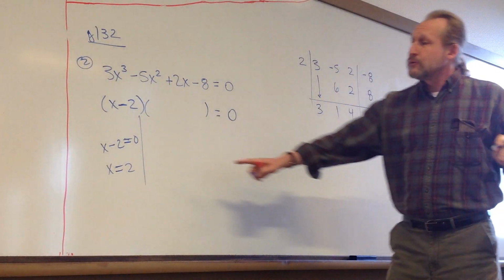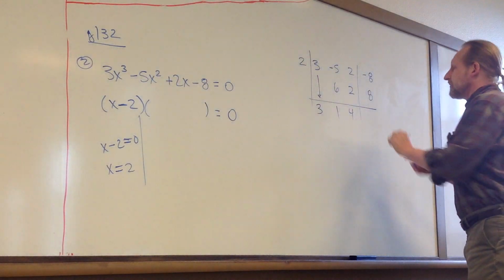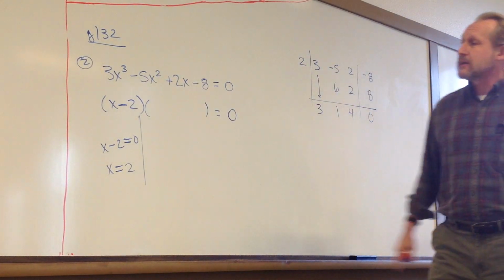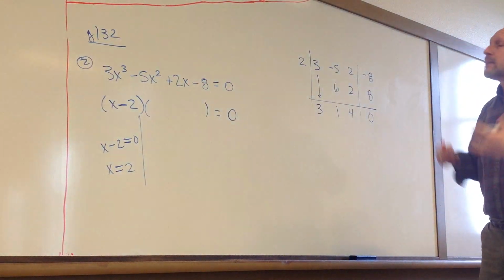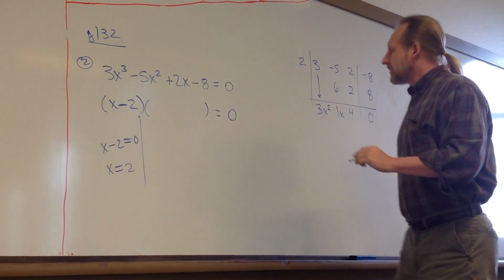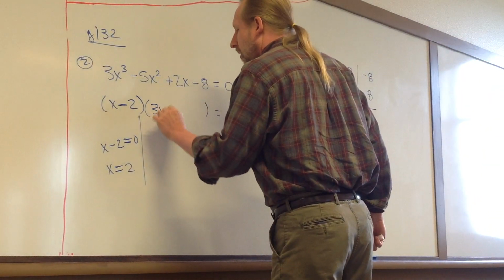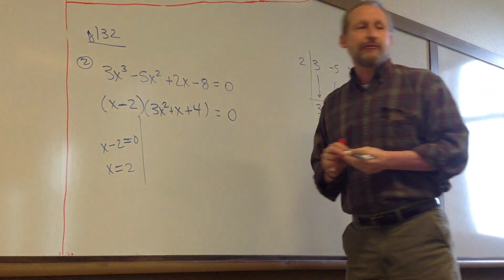And if this is a root that you get off the graph, then this will always have a 0 remainder. If you don't get a 0 remainder when you're dividing this by something that you know happens to be a root, then you've made a mistake somewhere. Okay, so this is going to be 3x squared plus 1x plus 4 is our missing factor.